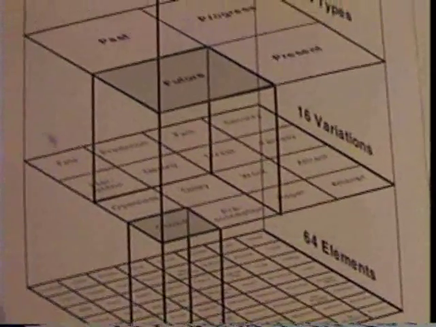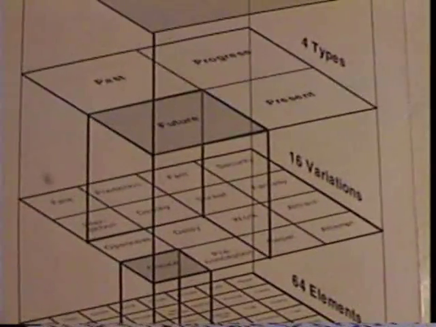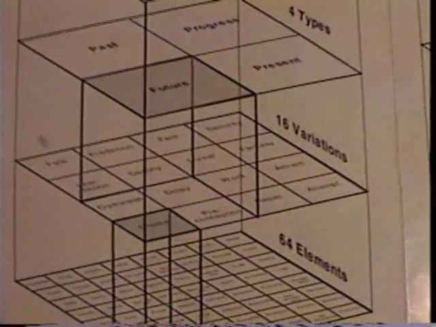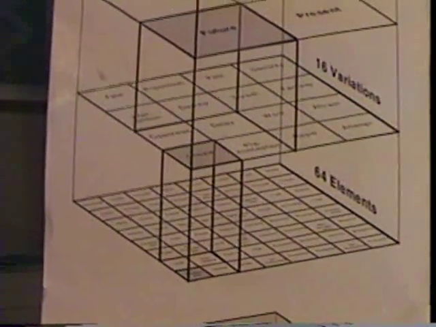And beneath each one of the types are 4 different variations, each one of which is a shading or a flavor of the kind of concern that stands above it. And beneath each one of those variations is an even smaller subdivision of 4 elements. And that's the elemental nature of the subject matter of your story, the elemental nature of your theme.